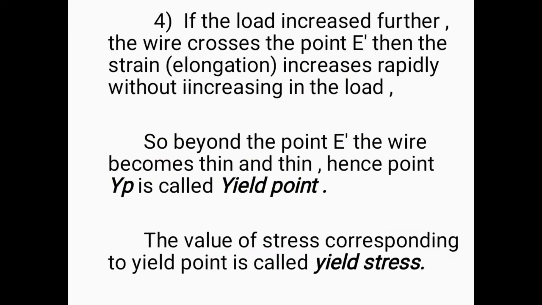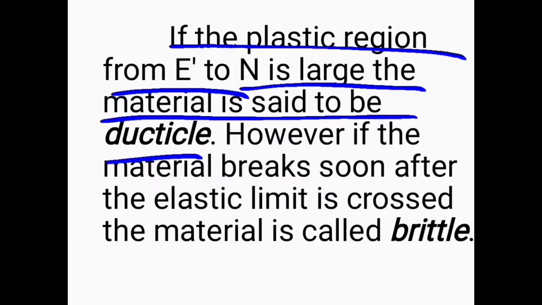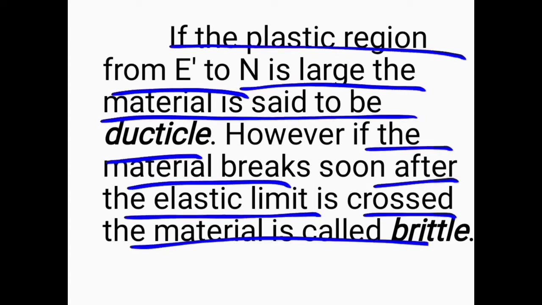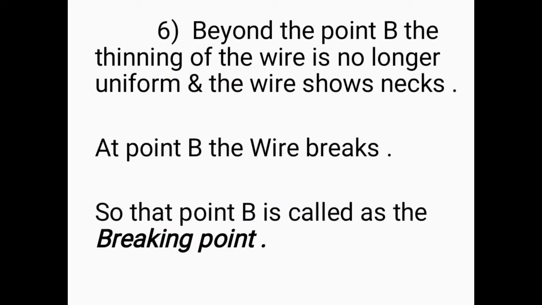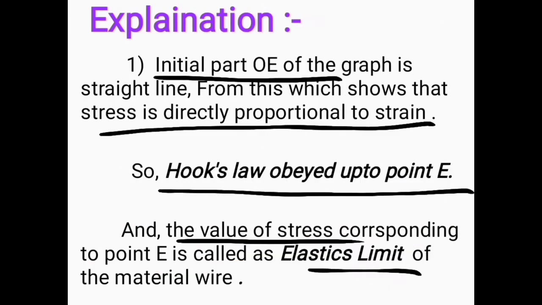See here, point E dash to N, ये दूरी जितनी बढ़ेगी उतनी डक्टिलिटी बढ़ेगी. तो ये जो डिस्टेंस है E to N, वो जितना बड़ा रहेगा वहाँ हमें डक्टाइल मटेरियल फॉर्म होगा. एंड if the material breaks soon after the elastic limit cross, the material is called as brittle material. वो मेटल इलास्टिक लिमिट क्रॉस करेगा एंड टूट जाएगा, ब्रेक हो जाएगा. दैट मेटल इज कॉल्ड एज ब्रिटल. ब्रिटल नथिंग बट द ब्रेक, जल्दी ब्रेक हो जाएगा.